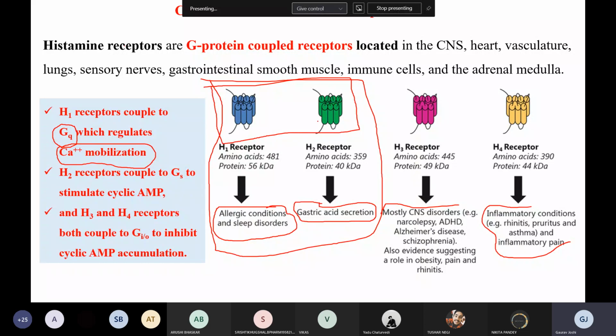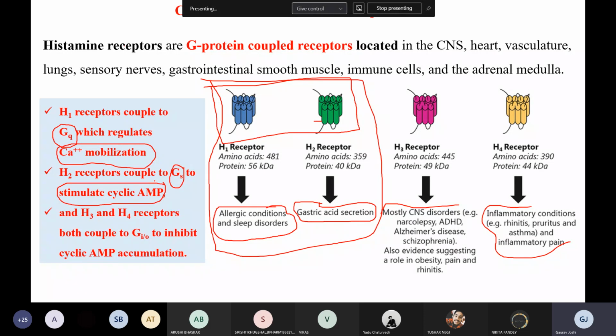The second thing, the H2 receptor, is coupled to the Gs stimulatory GPCR, right, to stimulate cyclic AMP. So you have to just remember this small thing. The H1 receptor will affect calcium mobilization, which will burst the mast cells and the WBCs to release the histamine, right?